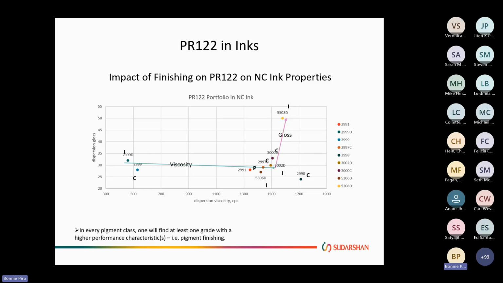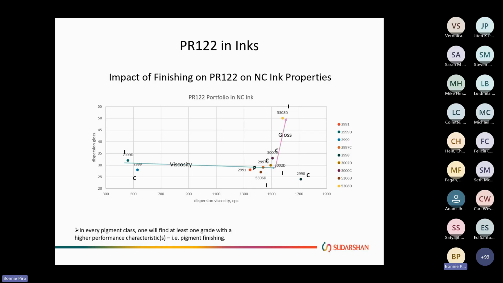So you have a choice of a lower viscosity, but then you might impact the gloss. Then the opposite is true as well. And typically, gloss development and viscosity are inverse to each other because usually that is related to particle size.